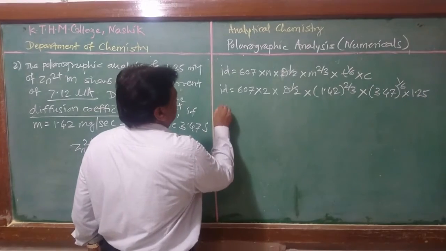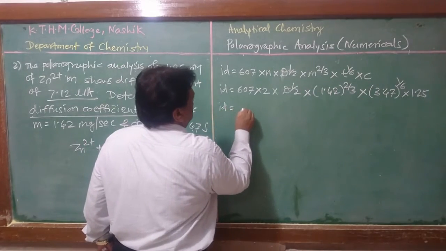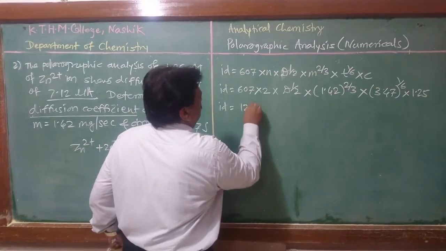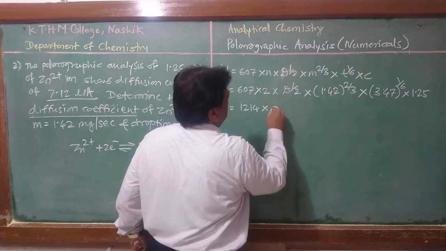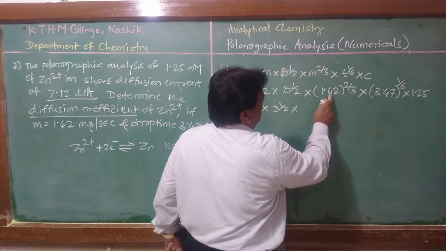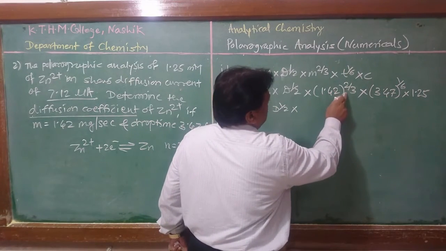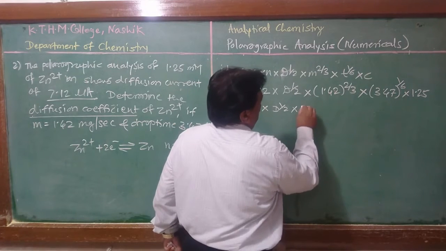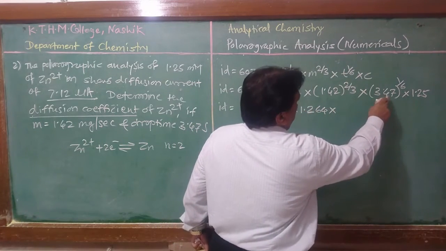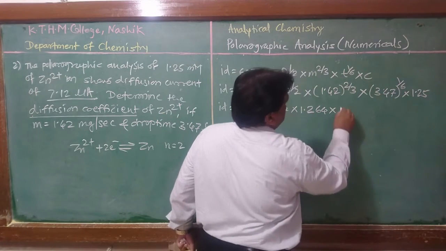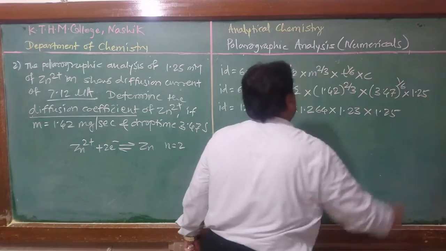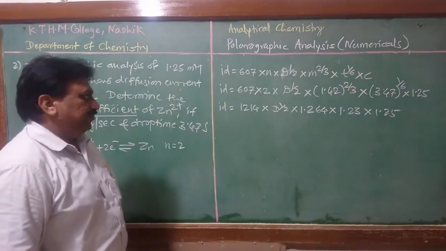Therefore, here ID is equal to 607 means total this becomes 1214 into D raised to half into, this value becomes 1.42 raised to 2 by 3, it becomes 1.264, into 3.47 raised to 1 by 6 is 1.23, into concentration 1.25 millimole.